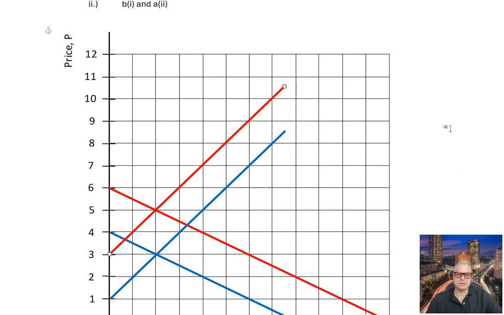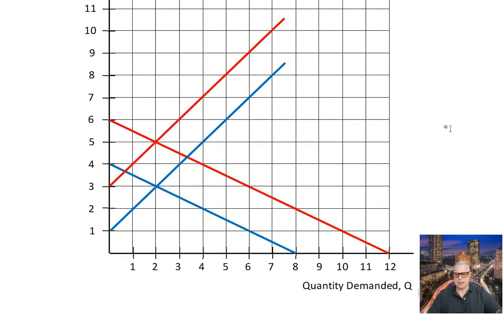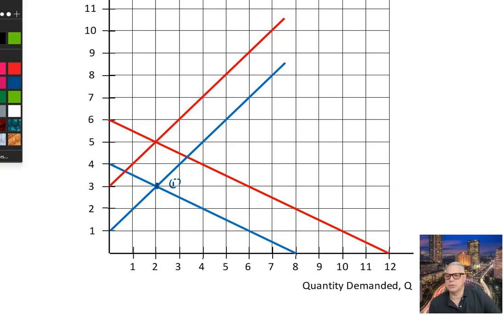Okay, so now we can see two scenarios. The first scenario was this one here, so that is the first equilibrium. That was scenario 1. And then the other one was scenario 2, the red one.